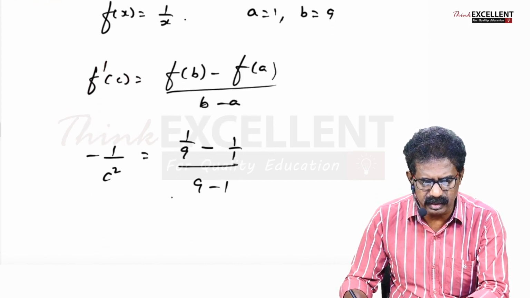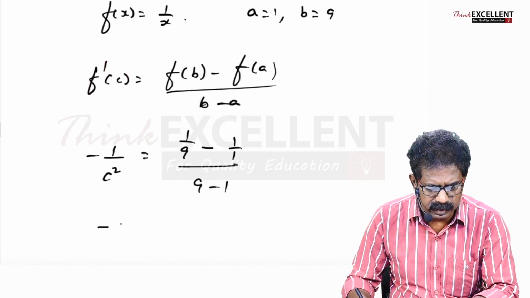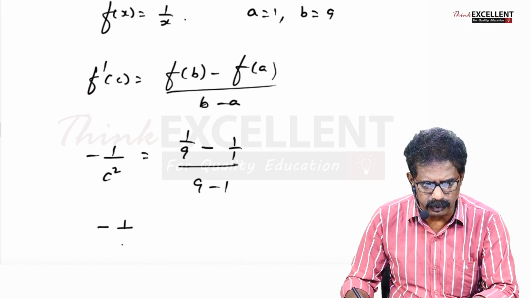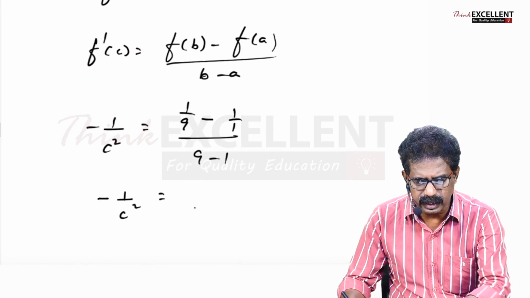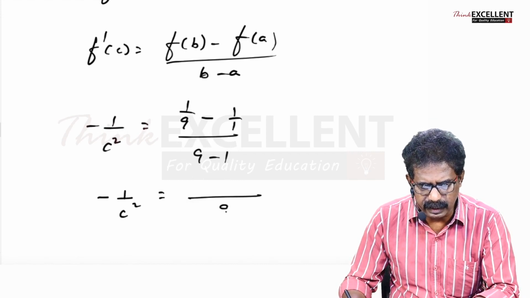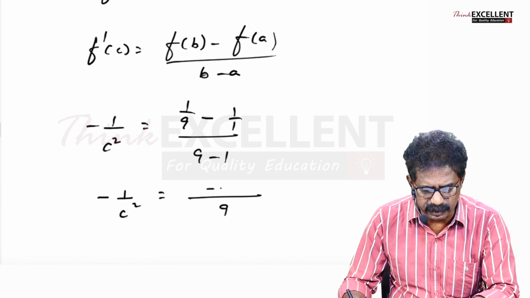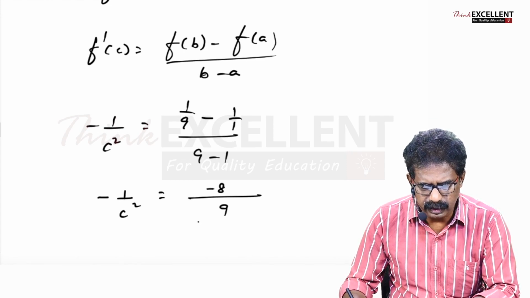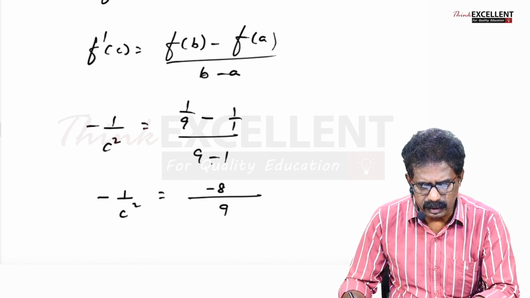So you simplify this. Minus 1 by c square is equal to, in the numerator you take LCM 9, so 1 minus 9, it is minus 8. Whole divided by 9 minus 1, which is 8. That 8 will be in the denominator. 8 and 8 you cancel.